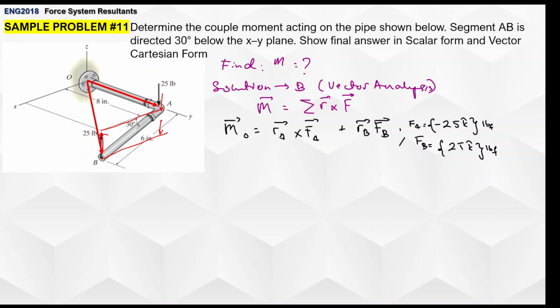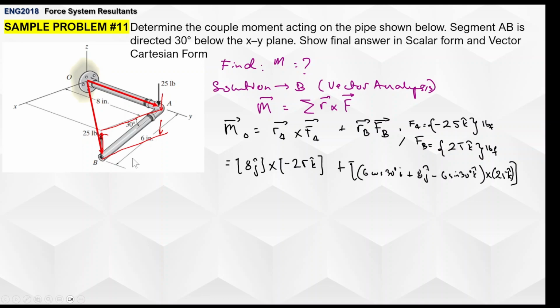Okay, and then next up is our RA. RA is simply 8 j hat. And then RB is 6 i hat plus 8 j hat, and then the k hat component, which is basically negative 6 sine 30 degrees k hat.